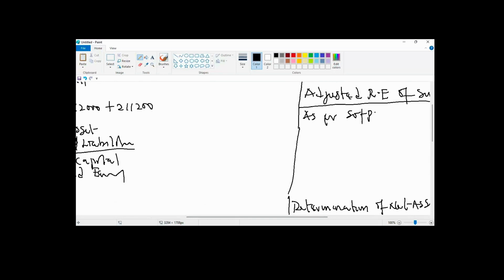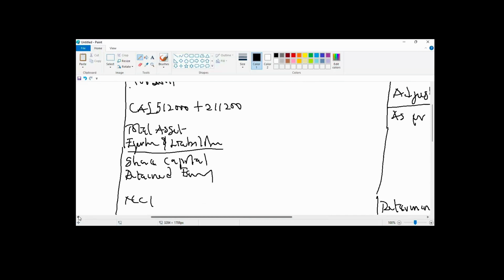What is the share capital of the parent in the question? 320,000. Plus credit 200.